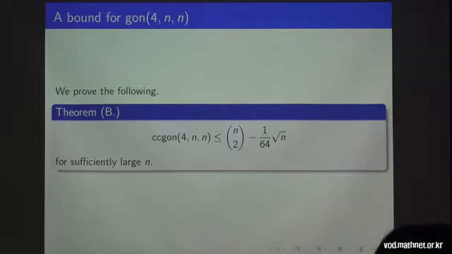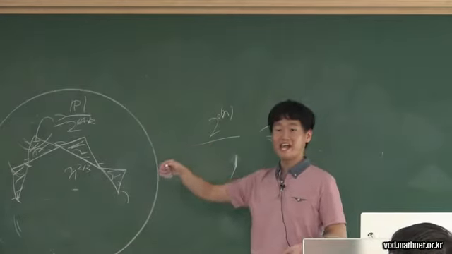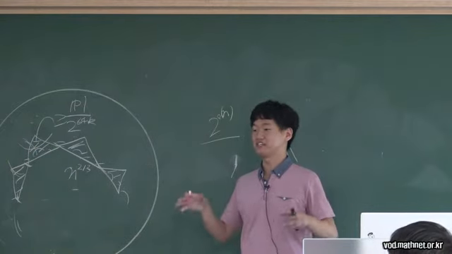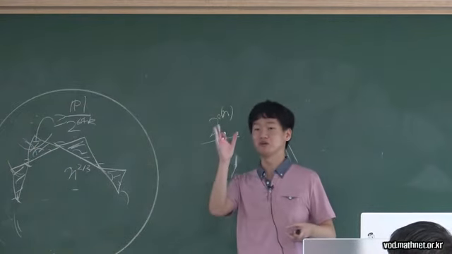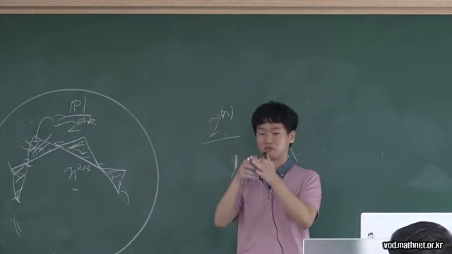The conjecture in the previous slide is tight up to a factor of 2 to the power small o of n, but for this one, everything is polynomial. So everything is very small in a sense, and we want to get it as close as possible between two small polynomials.